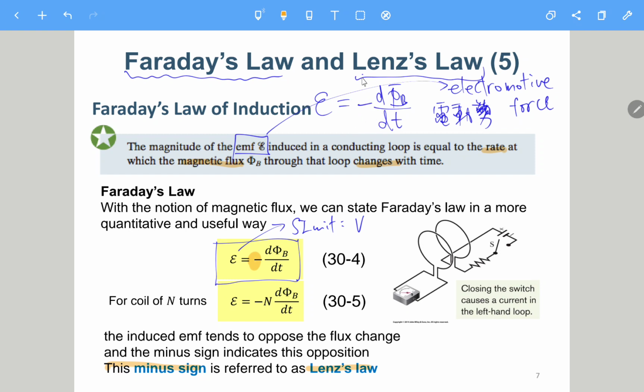Lenz found that it should be a negative sign, but maybe he could not quantify how large it is. Later on, Faraday's law combined the Lenz law and found that the electromotive force is not only the negative sign, but also this value d phi B dt.